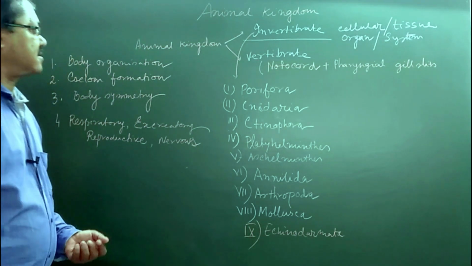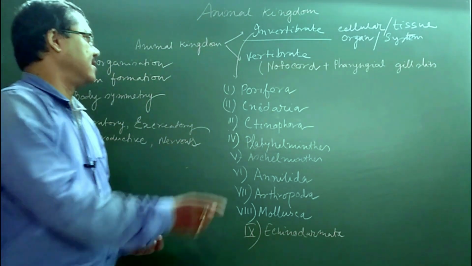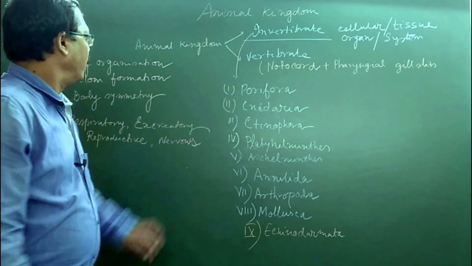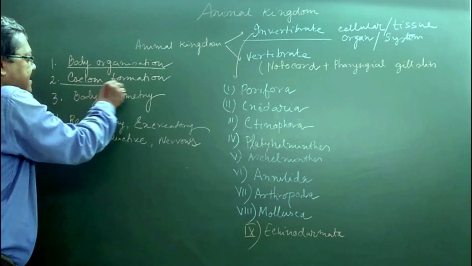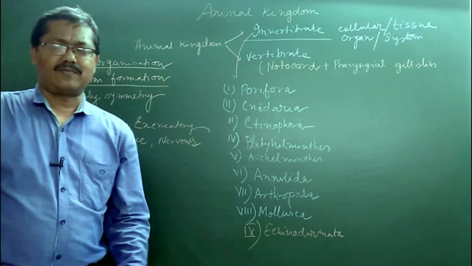We shall discuss all the salient features, the identifying characteristics of each phylum, stepwise. First, we consider body organization, then coelom organization. What do we mean by body organization?